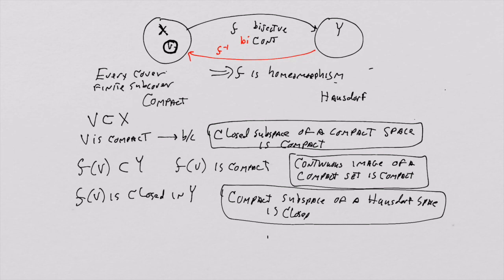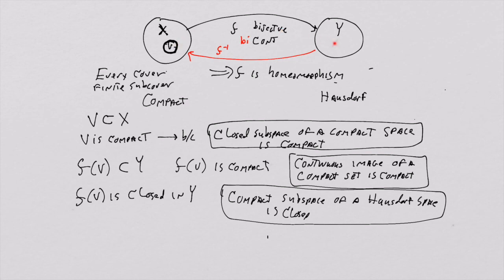Not a difficult proof either, but something you need to know for this, because we started with a closed set in X, and we knew that because it was a closed subspace of a compact space, that closed set was compact.